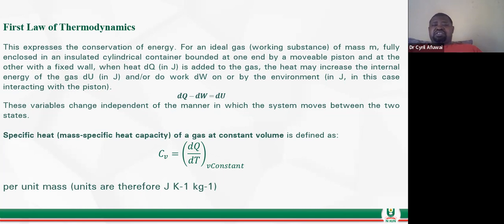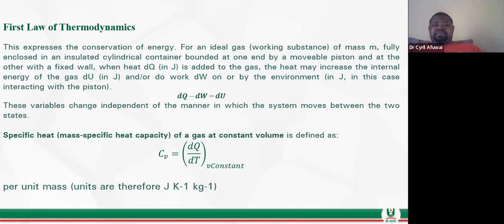The Q is changing what? In heat. dW is the work done, and then the U is the internal energy. These variables change independent of the manner in which the system moves between the two states.